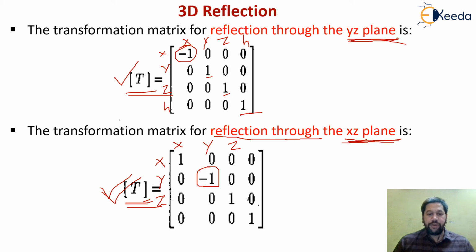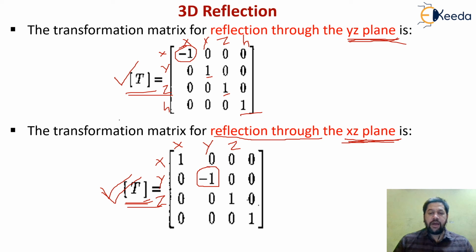We cannot say it is about the x-axis, y-axis or z-axis. We represent it as reflection through the xy plane, the yz plane, and the xz plane, with their respective transformation matrices.